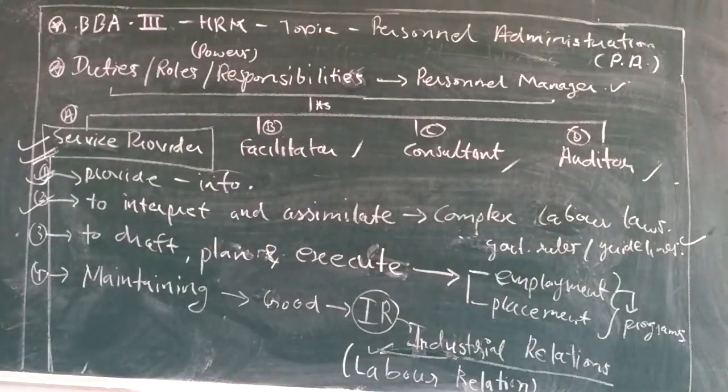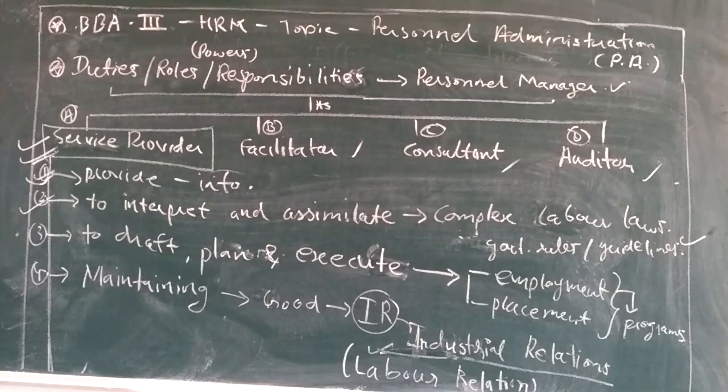So it is the duty of the personnel manager to assimilate and understand all those important labor laws, government rules and guidelines, have a better understanding of all of them, and also make the organization follow them so that there are no hazards as far as legal constraints are concerned, as far as the legal field is concerned.